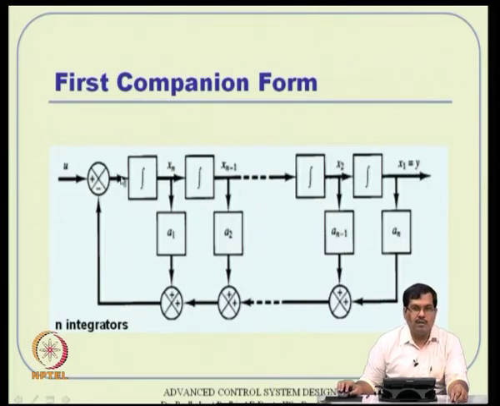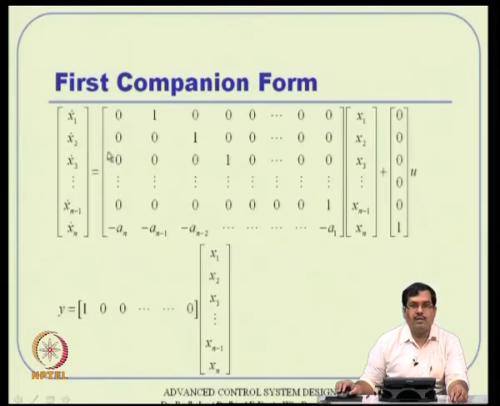So, these n integrators I will put first this way, and now I have xn dot to take care of. This xn dot is nothing but this expression: minus a1 times x1, minus a2 times x2, like that.